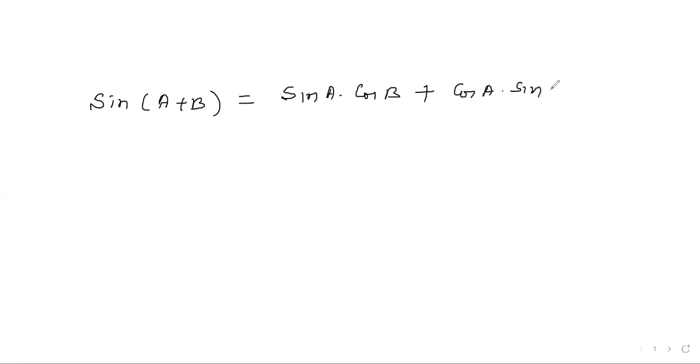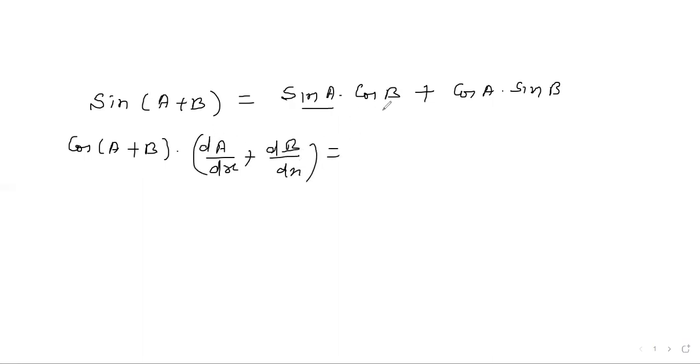Let's revise it because there may be a slight doubt. So sin(A + B) is equal to sin A cos B plus cos A sin B. If we differentiate it, it becomes cos(A + B) times (dA/dx plus dB/dx) equals, here we apply the product rule.